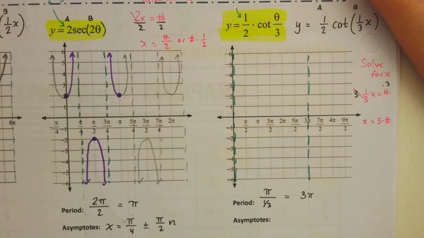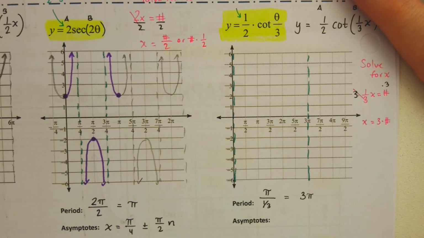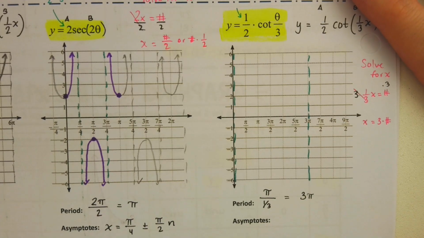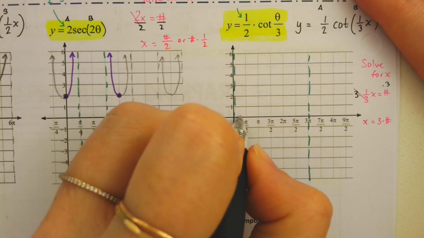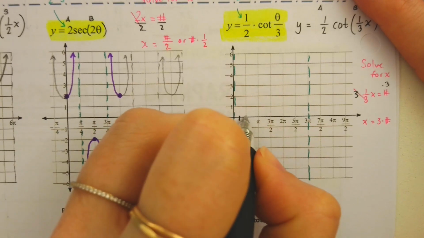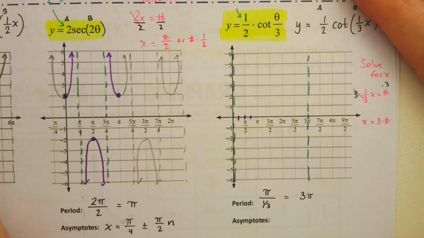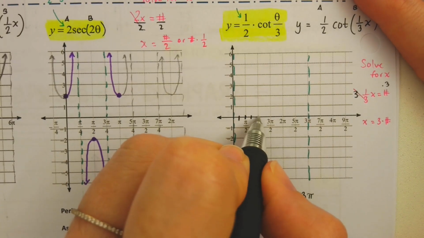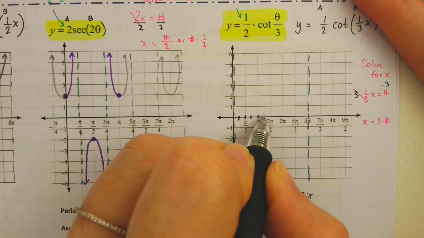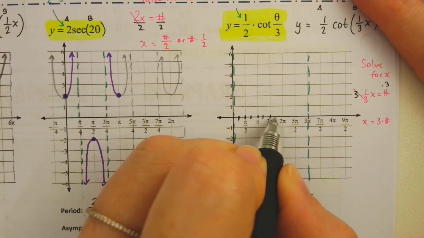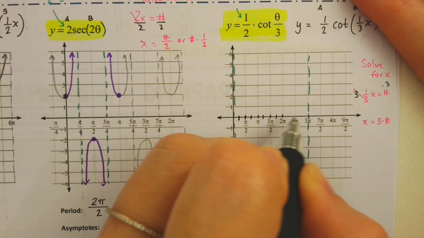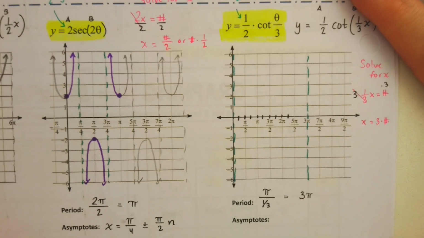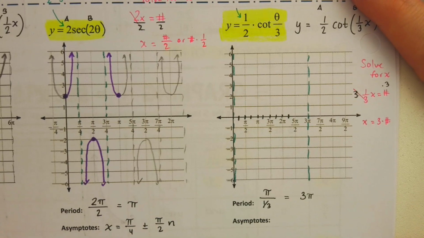Where would just 1 pi over 4 be? In the middle of 0 and pi over 2, right? So this is 1 pi over 4. This would be 2 pi over 4, and then right here is 3 pi over 4. And then 4 pi over 4 would just be pi. This would be 5 pi over 4, 6 pi over 4, 7 pi over 4, 8 pi over 4, and then 9 pi over 4 is the one right after 2 pi.